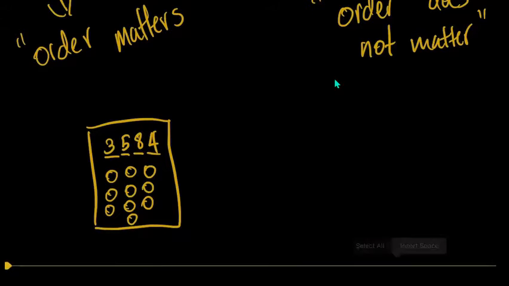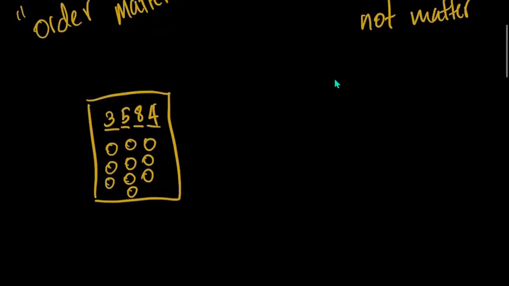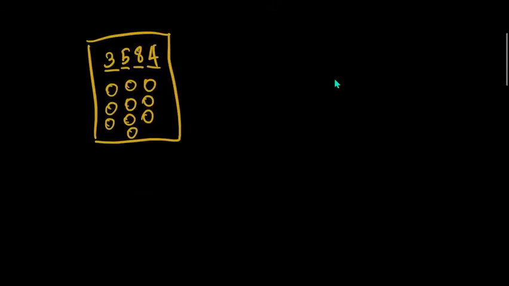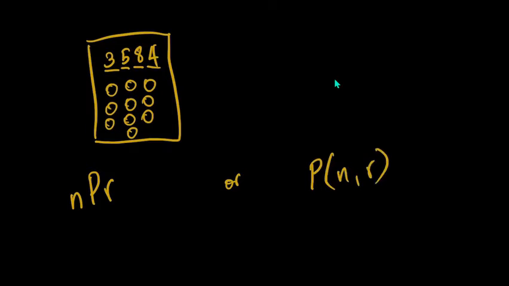Now, there are a few different ways to represent a permutation. In general, we can use nPr or P(n, r).